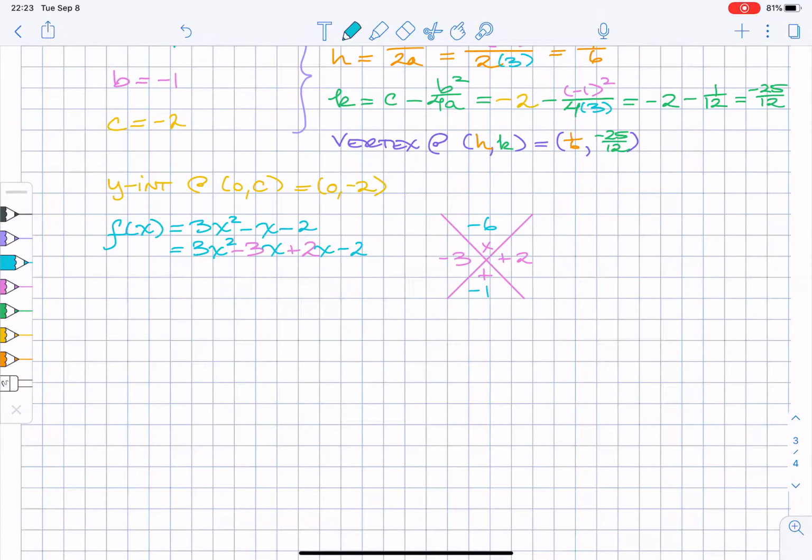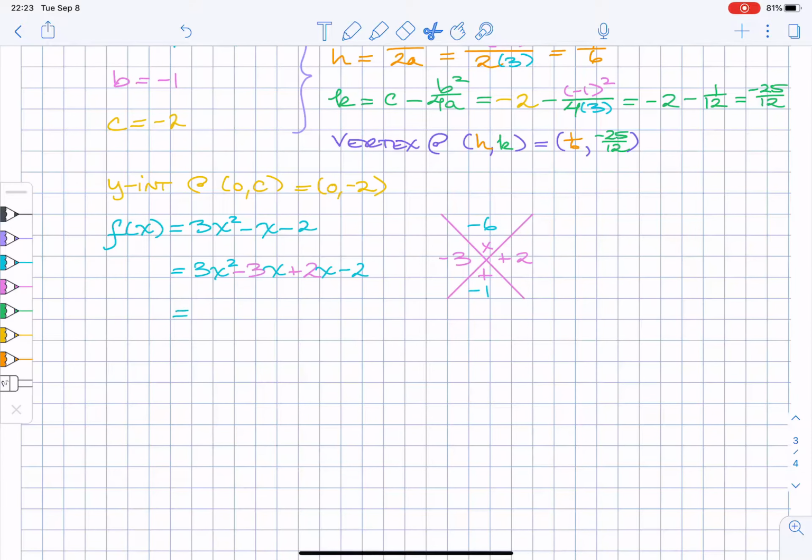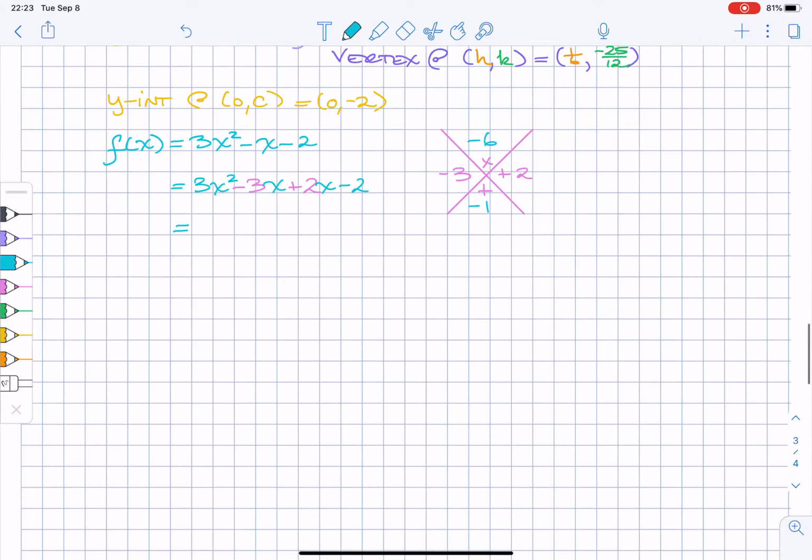Maybe I should leave space in between each step. So I can factor out a 3 and an x, and what remains will be x minus 1.